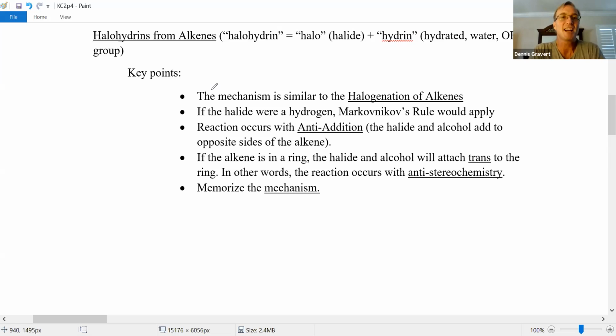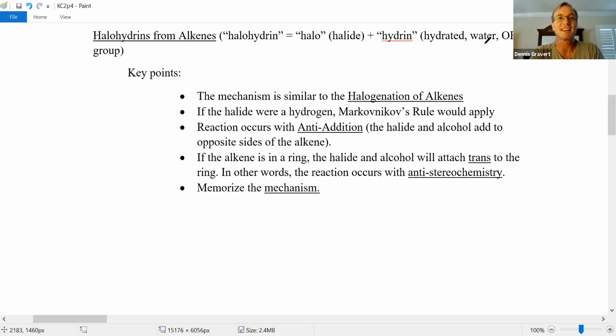We call it halohydrins from alkenes, this reaction. And you can break down this new word, halohydrin, into halo, which refers to a halide or halogen. And the hydrin part refers to hydration, or just, if you hydrate yourself, you get some water. And in organic chemistry, the water group, if you put an OH group, oftentimes that comes from water.